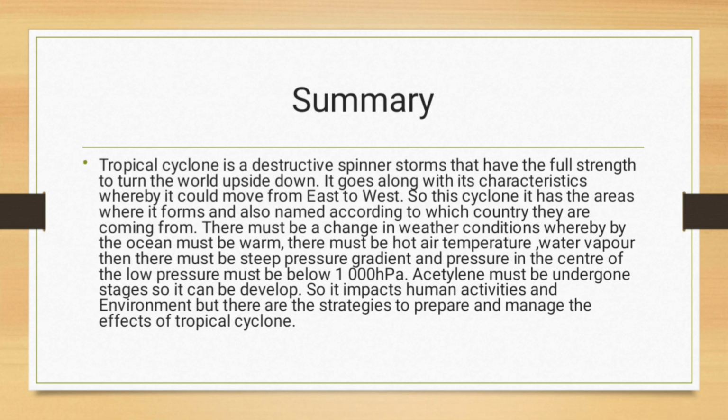The cyclone must undergo stages so it can develop. So it impacts human activities and environment, but there are strategies to prepare for and manage the effect of tropical cyclones. So this is the summary of tropical cyclones.